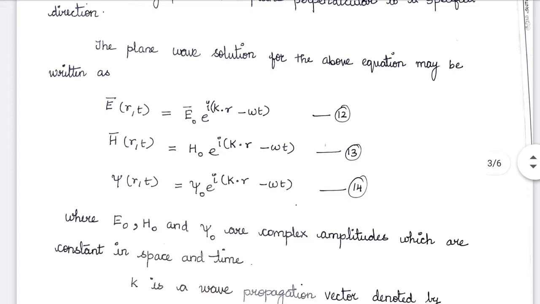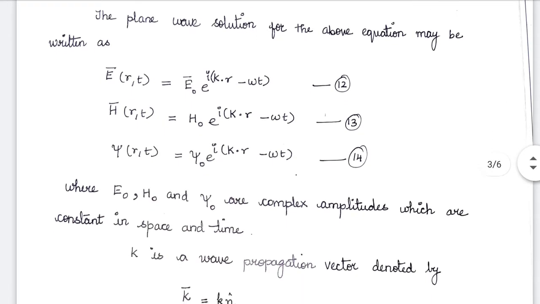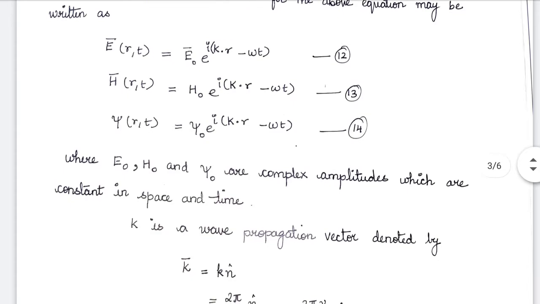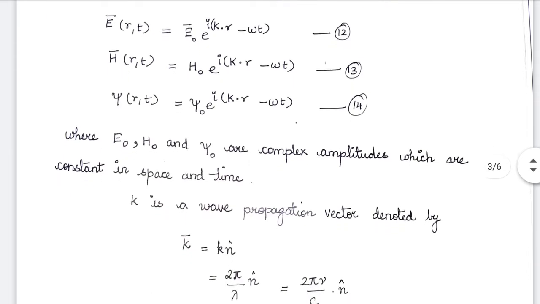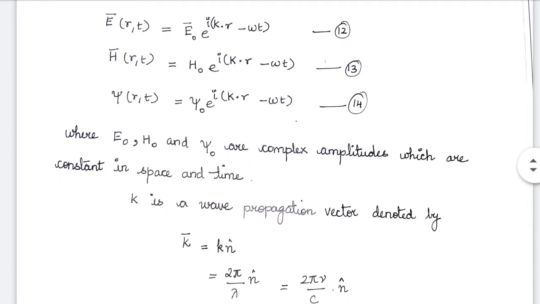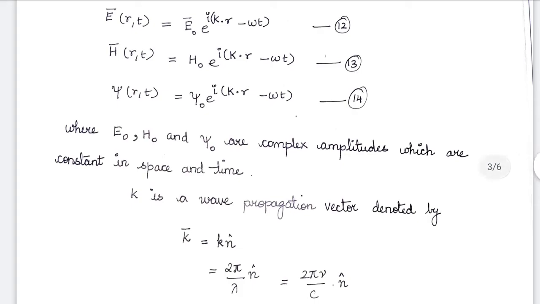Here E naught, H naught, psi naught vectors are amplitudes which are constants in space and time, and k is called the wave propagation vector, which is in turn given by small k into a unit vector n.